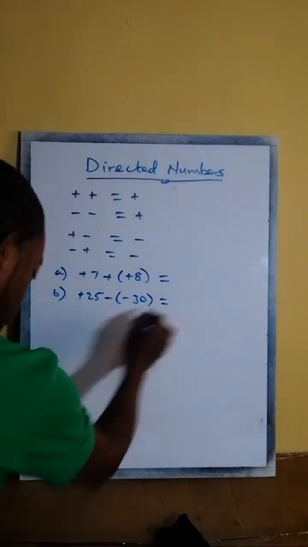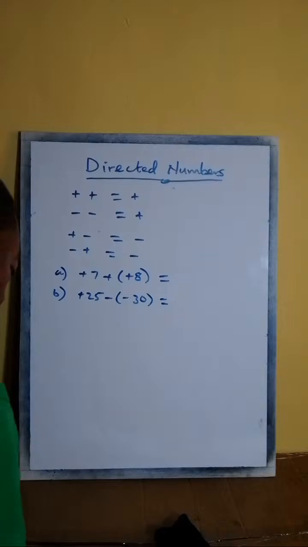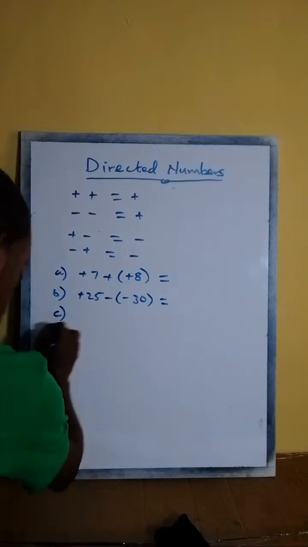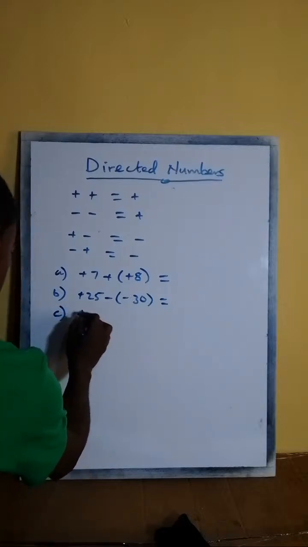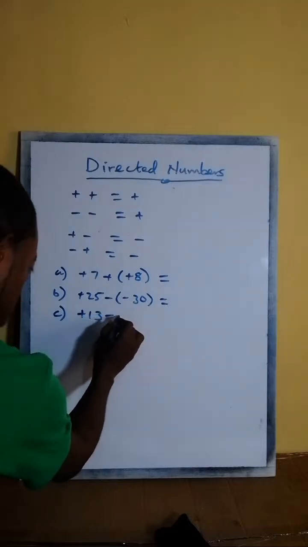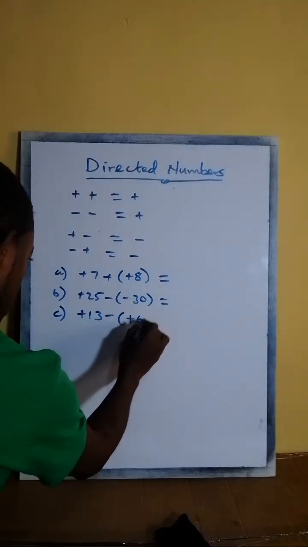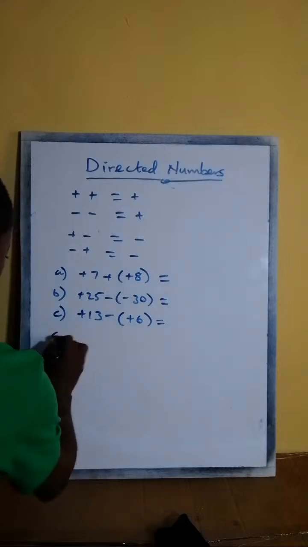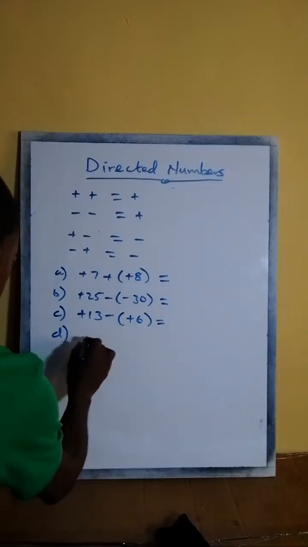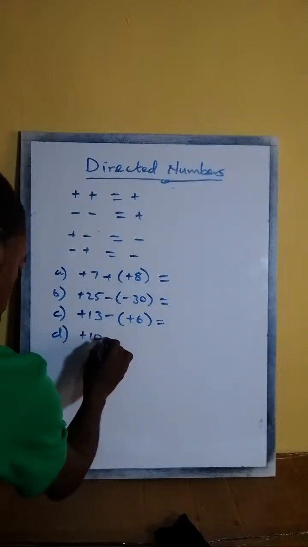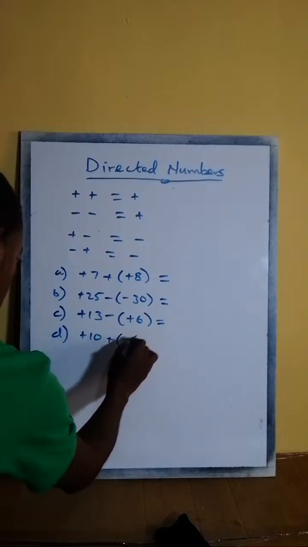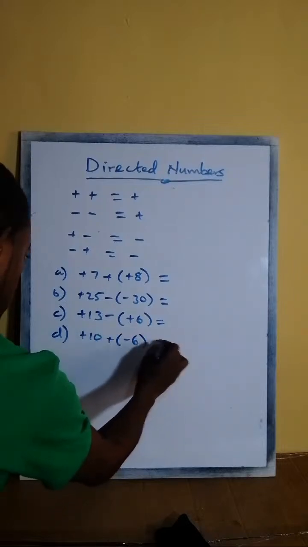What's the answer to this? And the third one, we have 13 plus minus 6. What will be the answer? Then the next one, we have 10 plus minus 6. What's the answer to this as well?